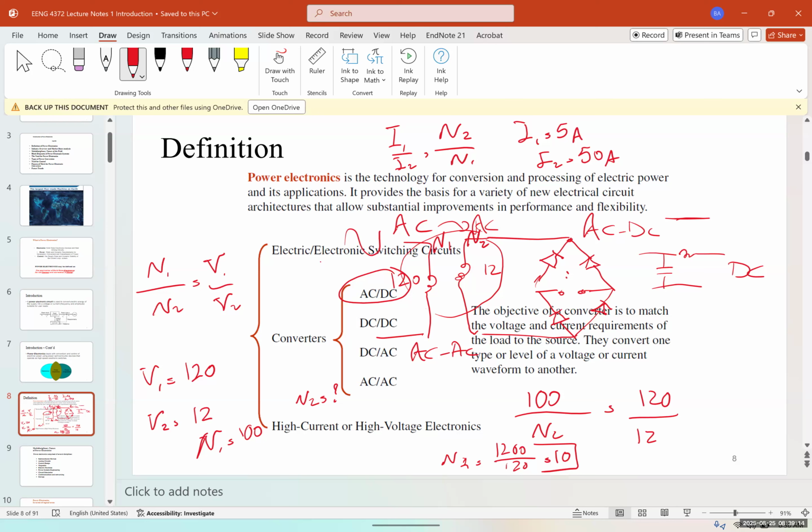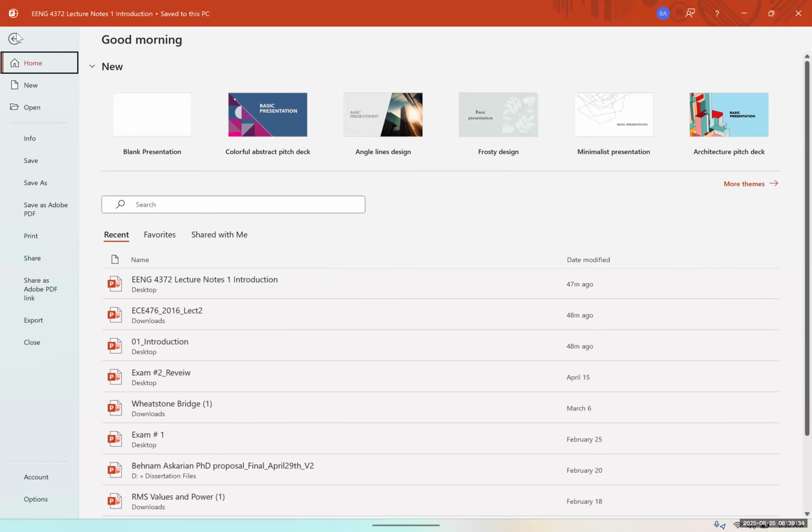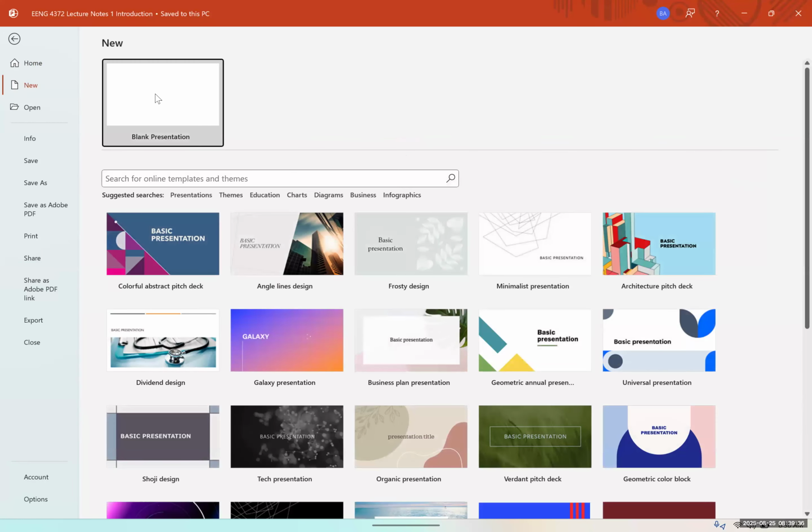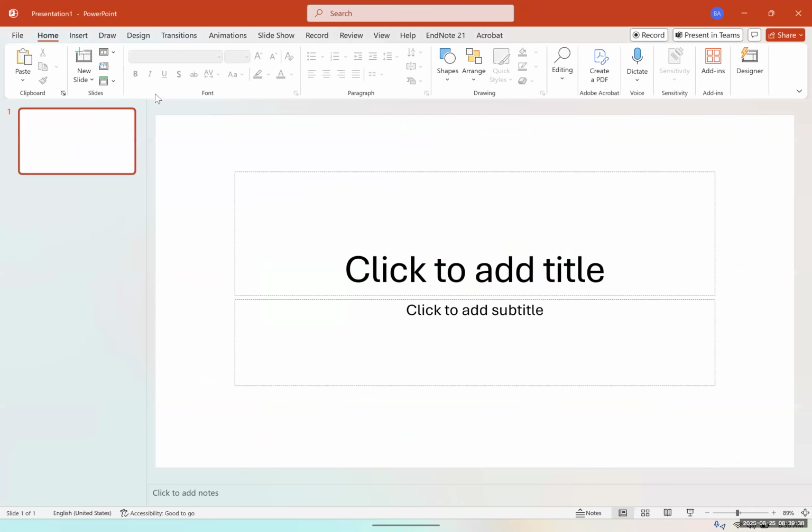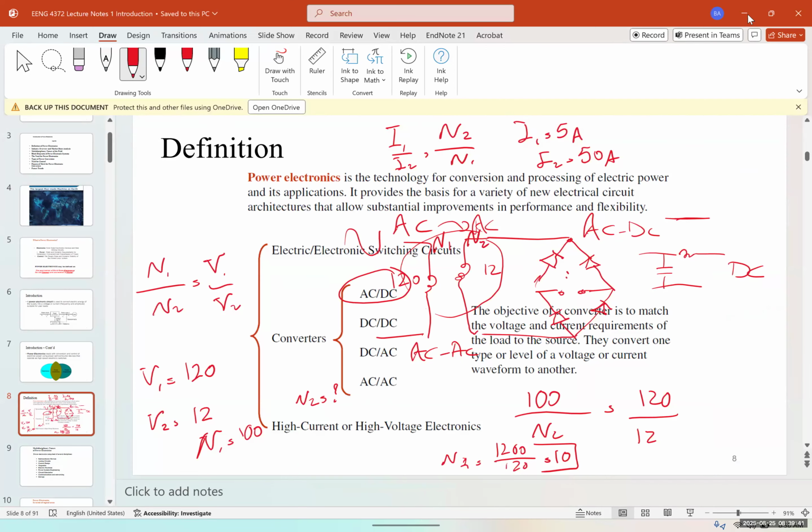Do we add another component, or no, we don't need that? Let me put this question. This is an interesting question, and I get this a lot. Let me add another slide here.